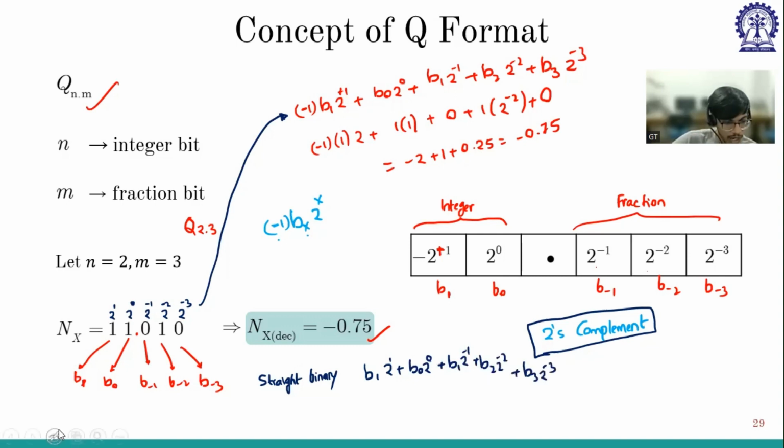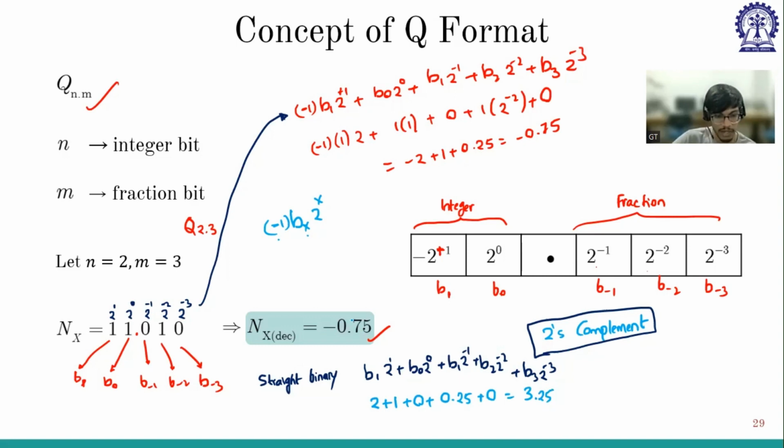So which binary representation I am using decides my sign here. Now it becomes 2 plus 1 plus 0 plus 0.25 plus 0, which means 3.25. So in straight binary it is 3.25, in 2's complement it is minus 0.75.